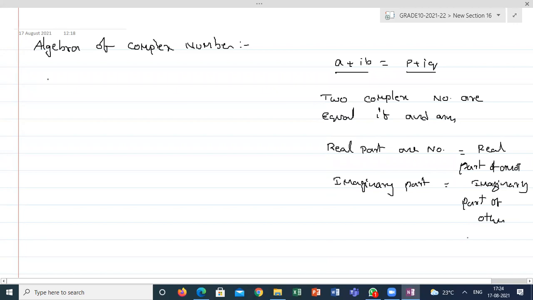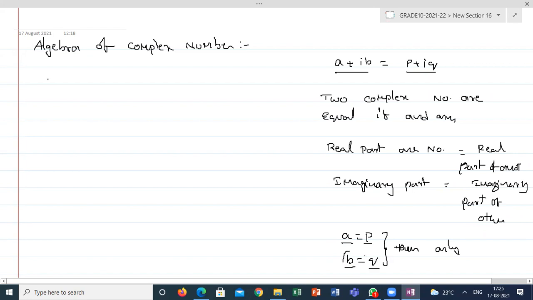Then only we can say both numbers are equal. If a is equal to p and b is equal to q, then only I can say this is the real part of the left number and the real part of the right number, and the imaginary part of the left number and the imaginary part of the right.